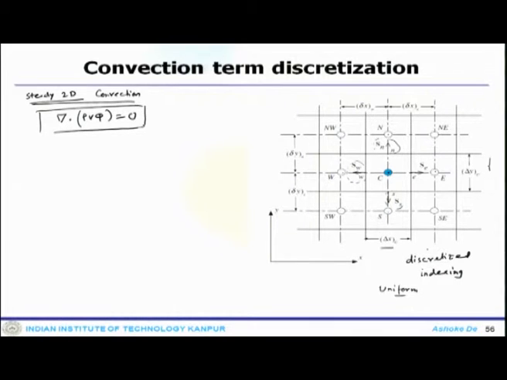Now, looking at this particular equation, how do you get the equation discretized? Once you do the integration over cells, this gets you the system over all the faces, which is the sum over faces of J dot dS equals 0.